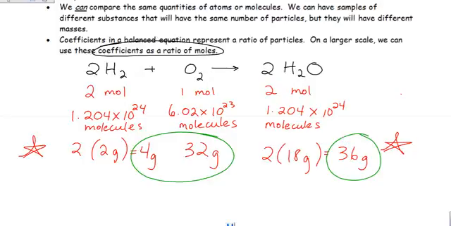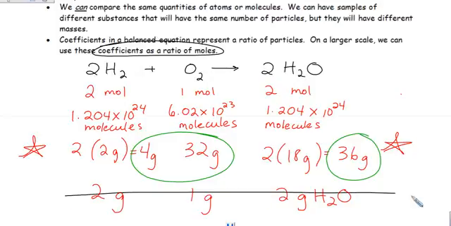We cannot directly use those coefficients as a ratio of mass. So you cannot say 2 grams of hydrogen plus 1 gram of oxygen produces 2 grams of water. That's the only one here that doesn't work. Sad face. This one doesn't work.